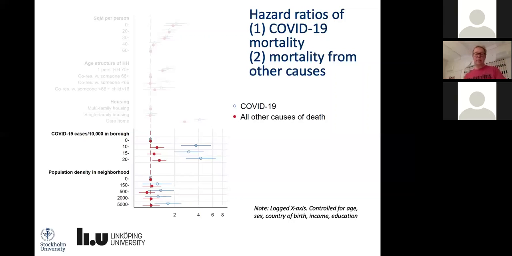There might be a little bit of a positive effect on corona-related mortality, but the confidence intervals are large, and the effect is not very strong. But of course, as expected, you have a much higher mortality if there are a lot of reported cases in the local part of the Stockholm region where you live, or the municipality.